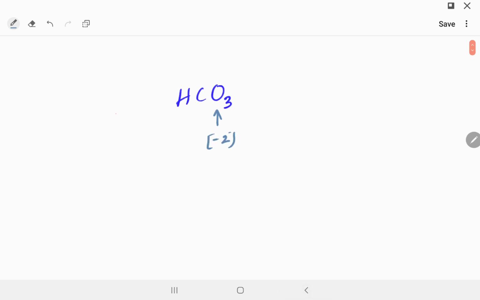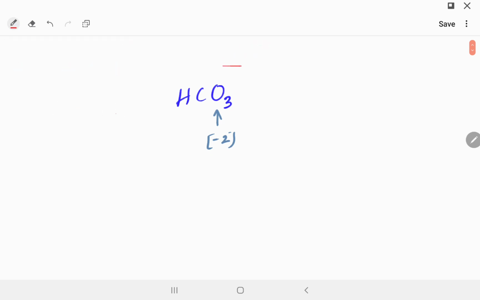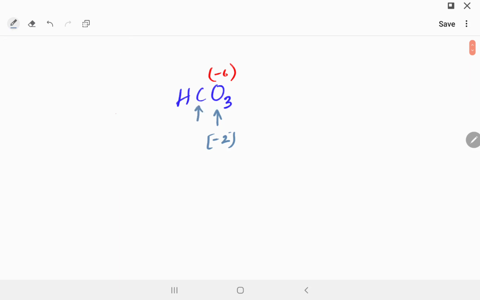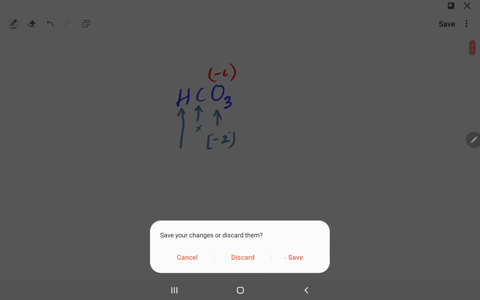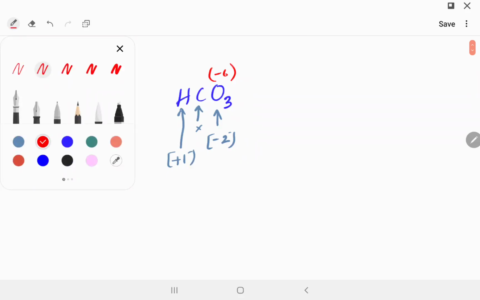You have 3 oxygens, so the 3 oxygens are going to be -6. Do you know the oxidation number of carbon? No, you don't. Hydrogen is attached to a non-metal, so it should be +1.